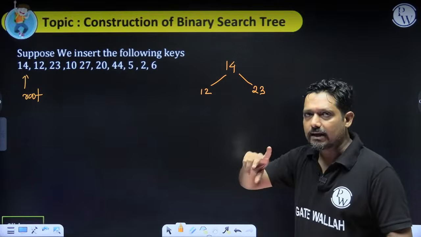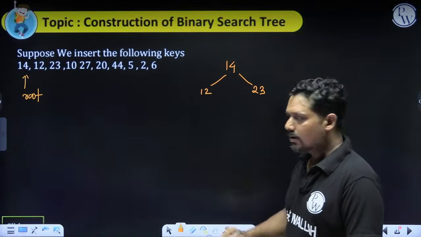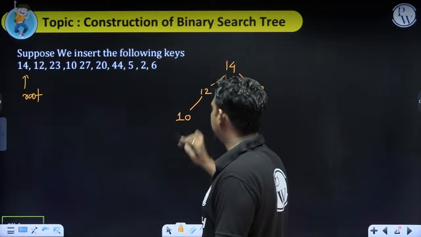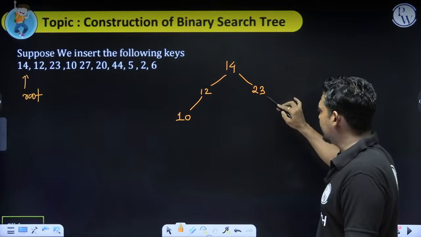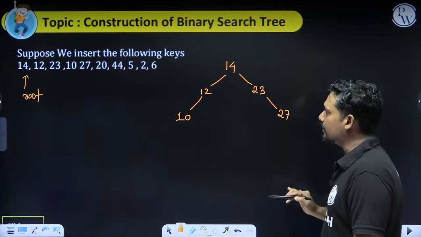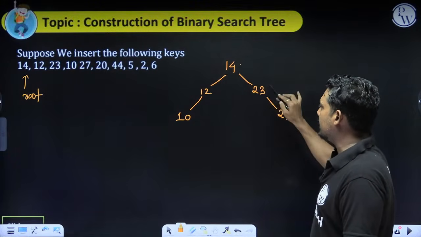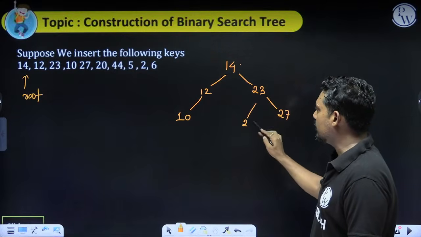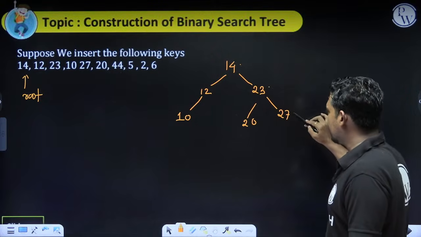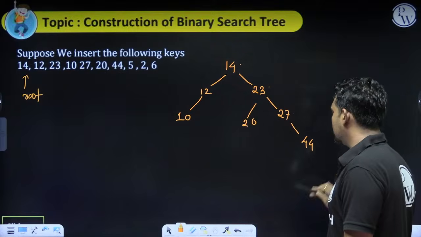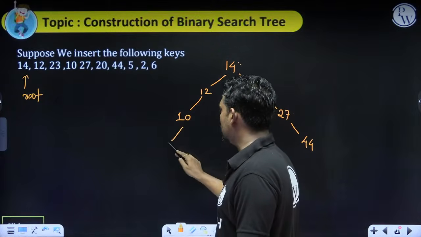Next is 10: 10 is lesser than 14, and lesser than 12 also, so it goes below 12. 27: greater than 14, greater than 23, empty space, so put it here. 20: greater than 14, lesser than 23, empty here, so we put 20. 44: greater, greater, greater, empty position, fill. 5: lesser, lesser, lesser, so 5.